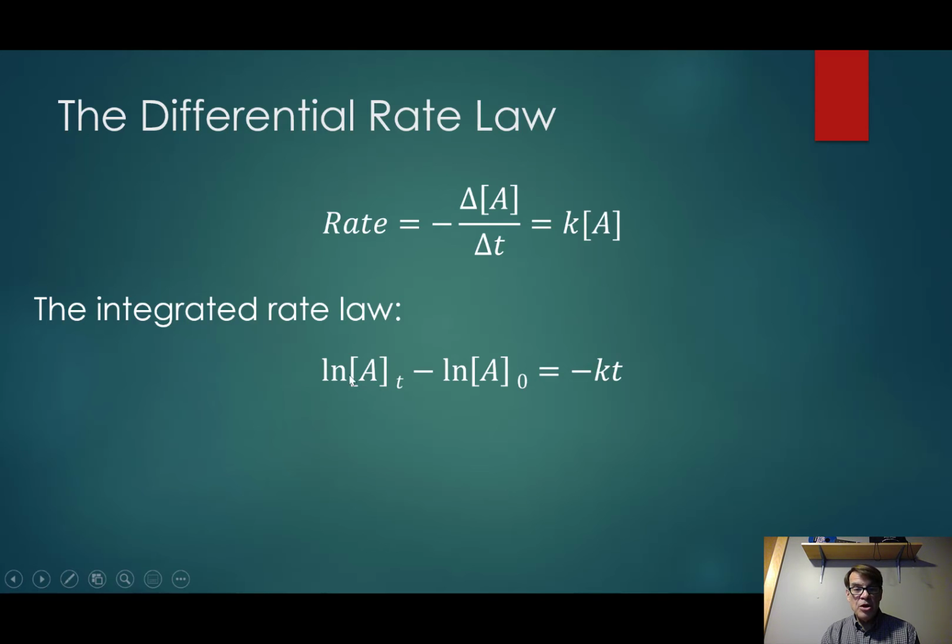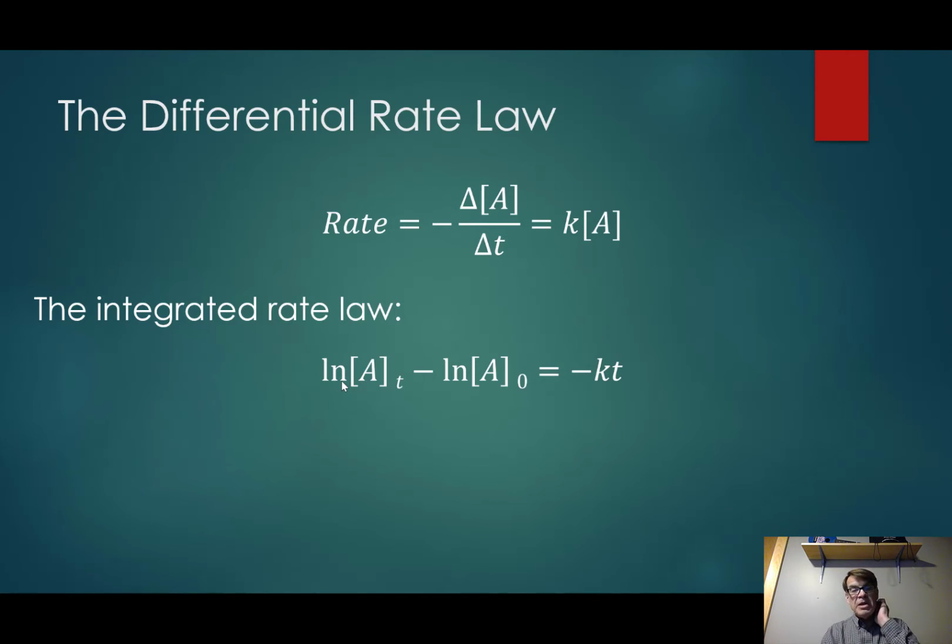So let's say you want to find out at what time the concentration is something. Well, then you put in your initial concentration and the concentration at time t. I want to find out how long it took to get there. What is t? So you basically put natural logarithm, plug in this number, minus natural logarithm, plug in this number, divide by negative k, and you've got t. So your calculator knows how to do natural logarithm, even if you don't.